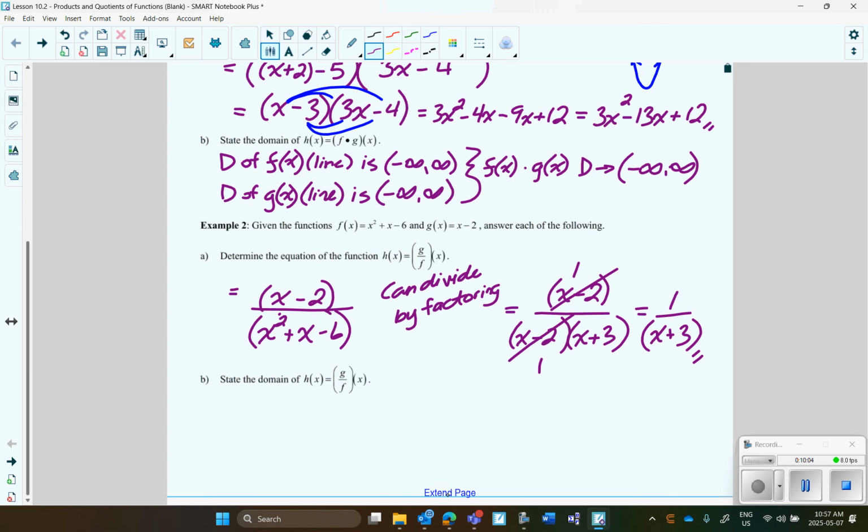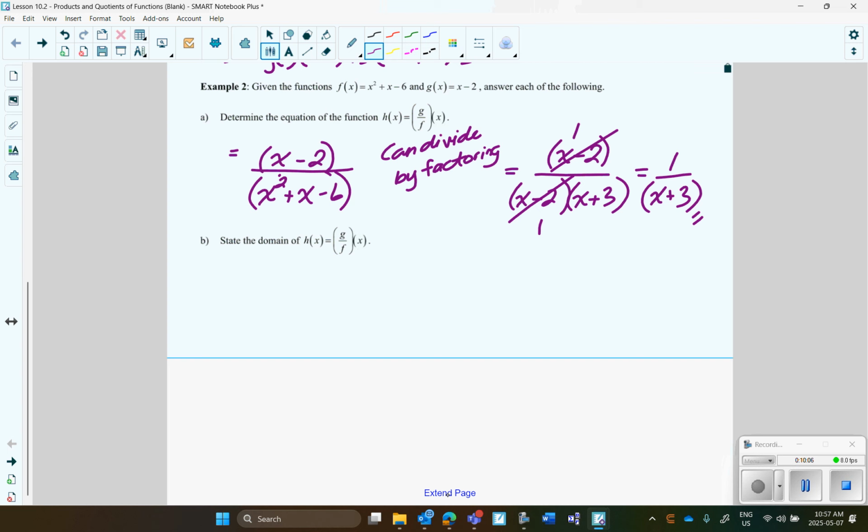So how do I write that? Everything except 2 and -3. It's hard to write using interval notation. We did do it last year. Everything except 2 and -3 would look like this: x cannot equal 2 and -3.